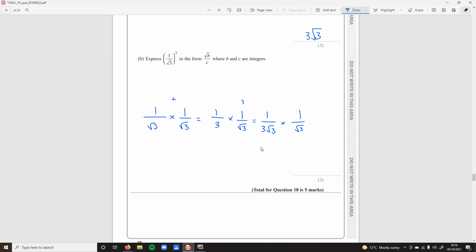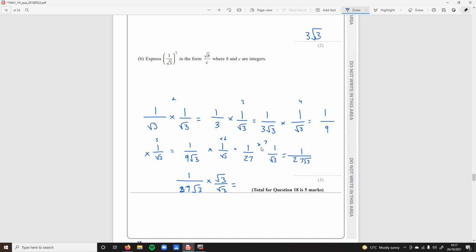That's 2, 3, 4, 5, 6, 27 root 3. Oh. Bless me.